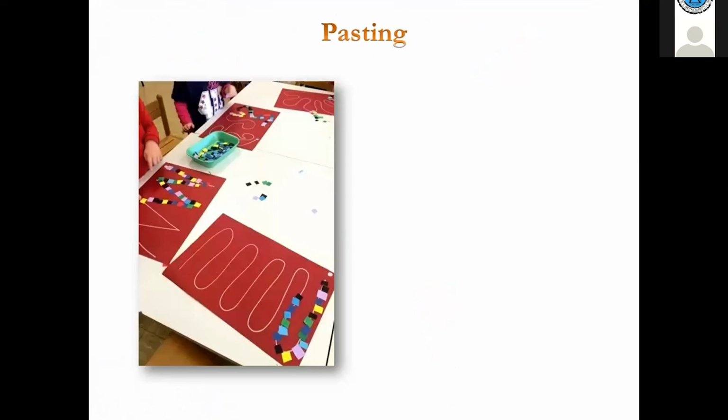Next is pasting. I know that children will love doing it, right? You can provide a lot of verbs in it. You can say pick it, giving command following of single step or multiple steps, and ask them to paste and say it verbally. Okay, so gluing. A lot of nouns also you'll be introducing simultaneously.